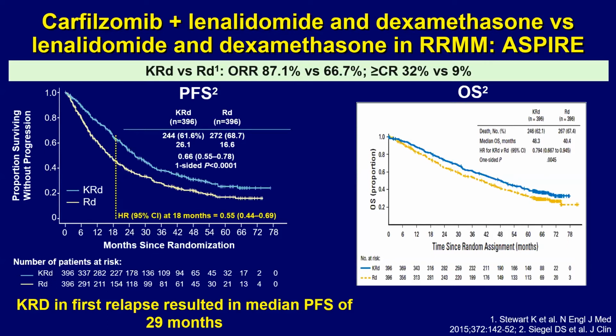Not only this, but there are also more CRs, 32% versus 9%. And as you can see in the graph, progression-free survival is also significant with a highly significant p-value. Overall survival, even though it is not as strong, is really significant in favor of KRD. Next one, please.